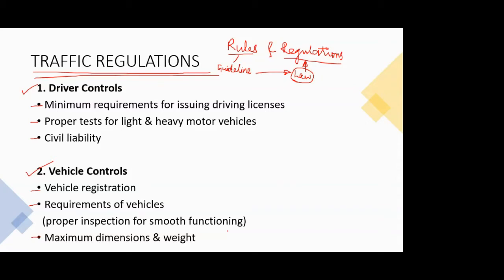If you have seen a brand new truck, it doesn't come with all that cage kind of thing. A truck just comes with an engine, the main cabin, and then an empty space behind it, and over that you can mount your body of the truck. But that too, you have a limit. So that comes under this vehicle control traffic regulation.